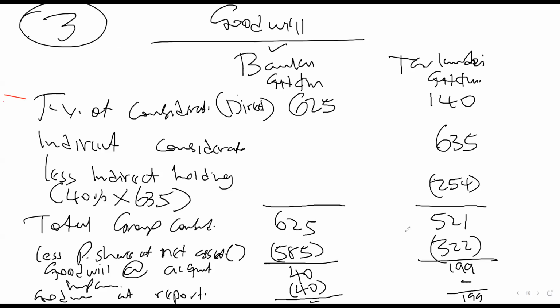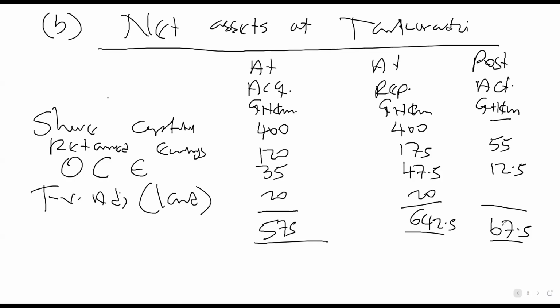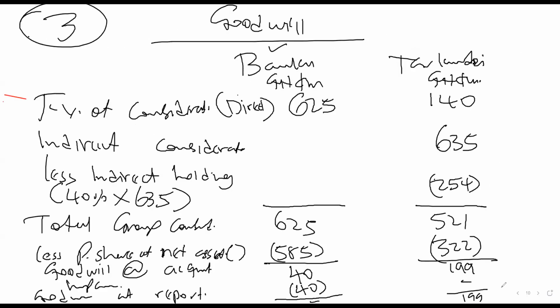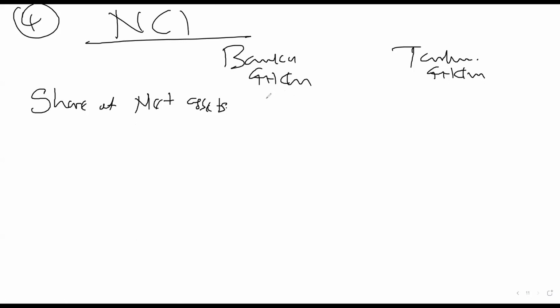Check the net assets of the subsidiary of Bokum and find 40% of it. That's all. Find 40% of the net assets at acquisition. What do you get? 390. Come again. 390. That's all.